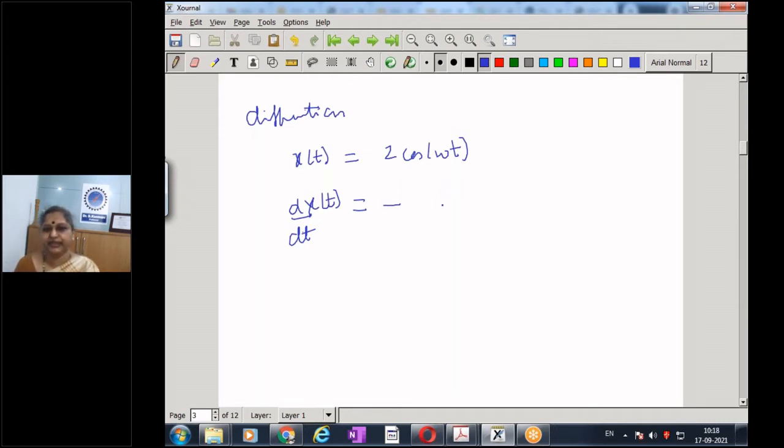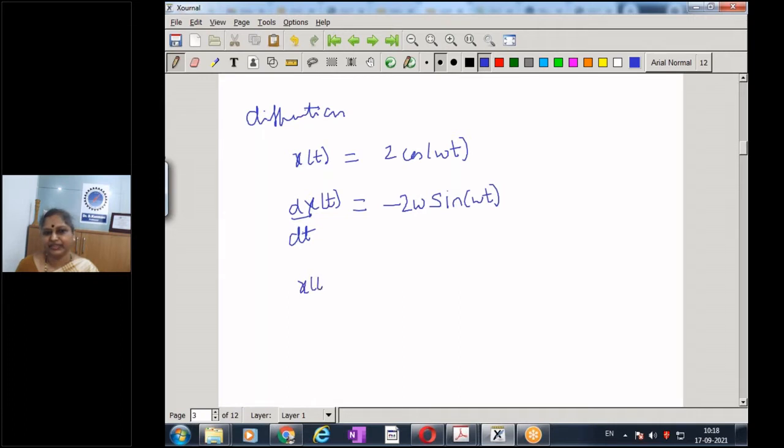I get one answer as minus 2 sine omega t. Is this right? And I have one more answer as minus 2 omega sine. Yes, so the derivative of a cosine function is a minus sine.